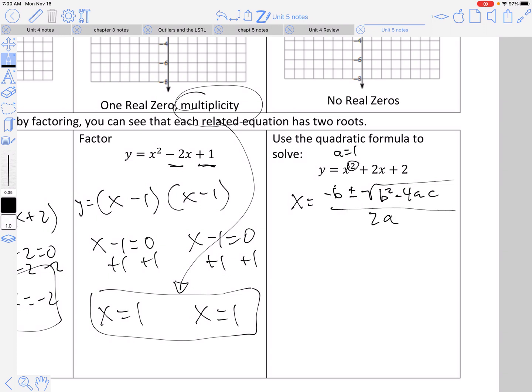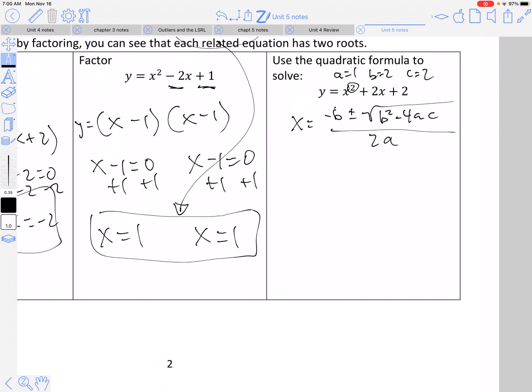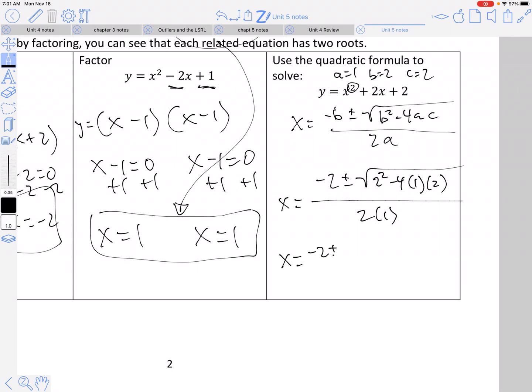My a was 1, my b was 2, my c was 2. So hopefully you already did this, and this is just making sure you did good. So you have negative 2 plus or minus the square root of 2 squared minus 4 times a times c all over 2 times a. The solution is going to be the answer here. So we have negative 2 plus or minus, that's going to be 4.